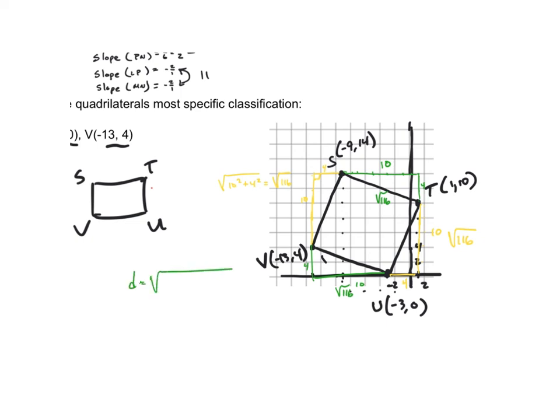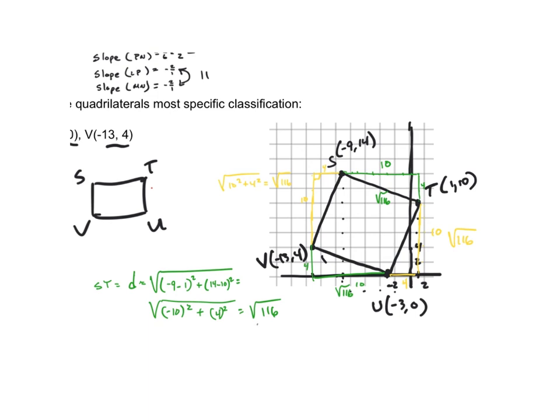We just pick one of these, and I'm going to go with ST. So we have the square root of -9 minus 1 squared plus the y2 minus y1, so 14 minus 10 squared, which is equal to the square root of -10 squared plus 4 squared, which is equal to the square root of 116.